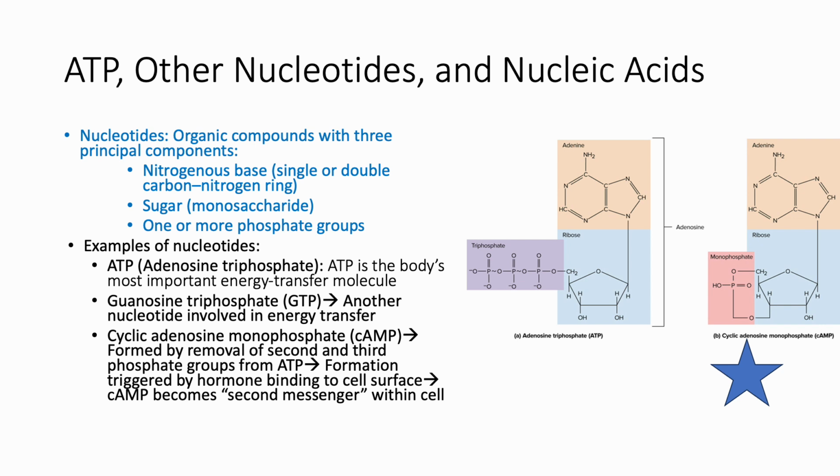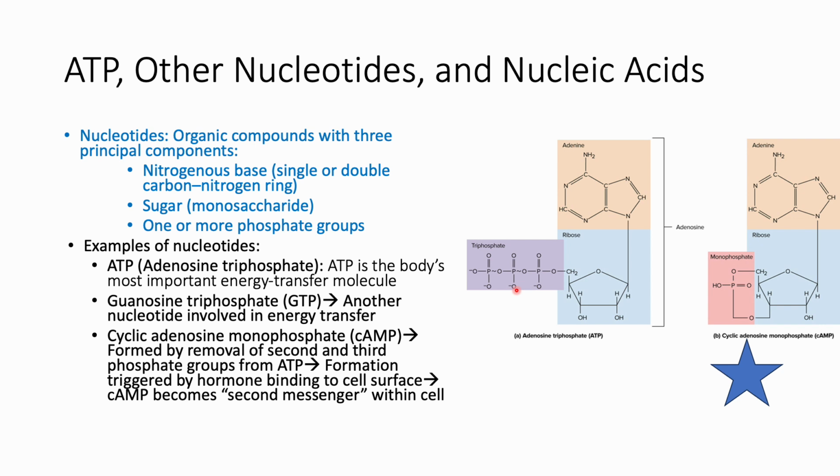And next we have the fourth organic compound we're going to look at, which are our nucleotides and our nucleic acids. A nucleotide is an organic compound with three principal components: a nitrogenous base, which could be a single or double carbon ring, a sugar, and one or more phosphate groups.